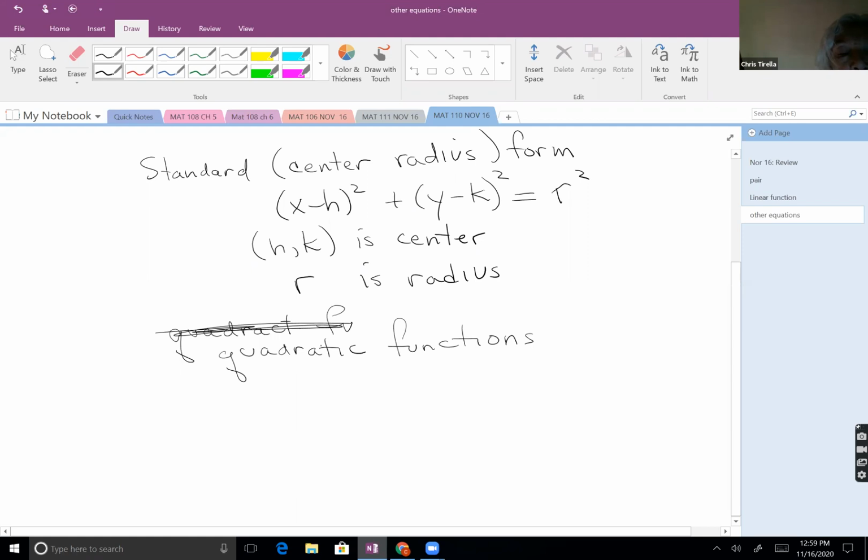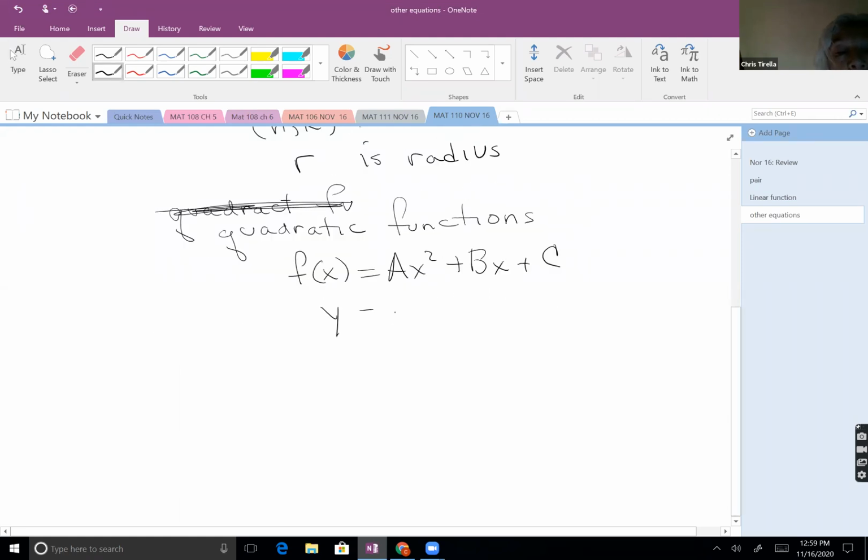And they were of the form f of x equals ax squared plus bx plus c, or y equals ax squared plus bx plus c, and they're second degree only in x.